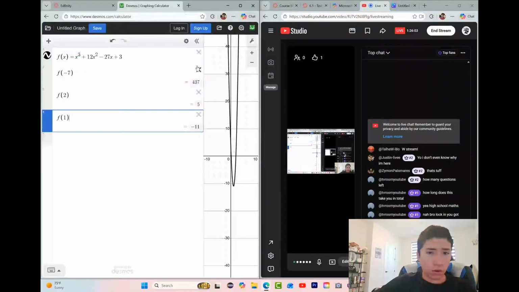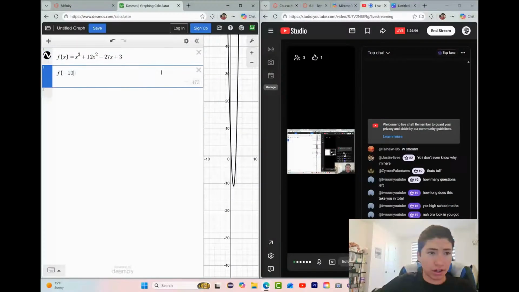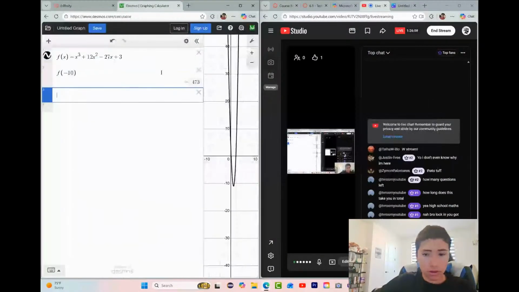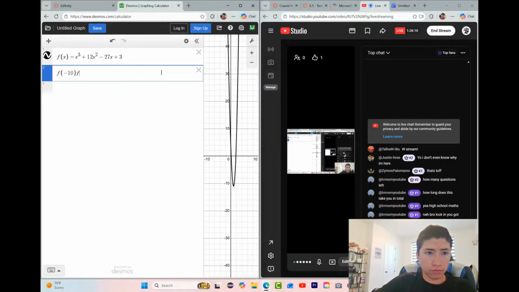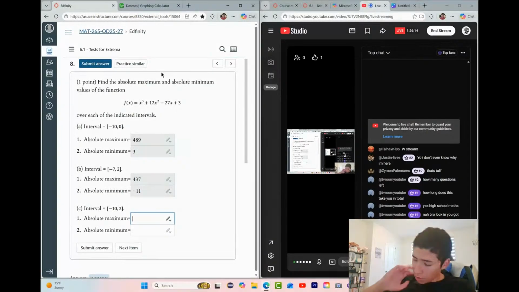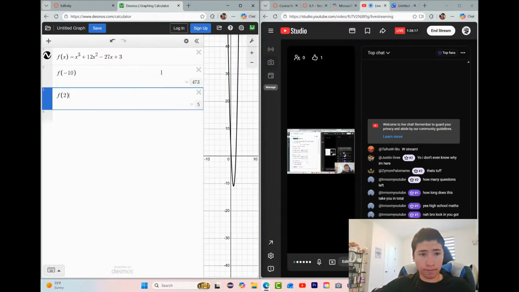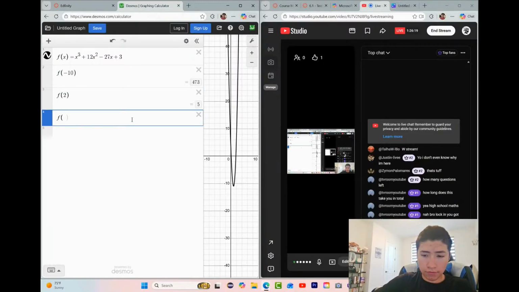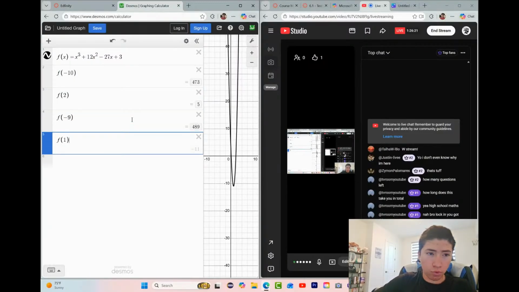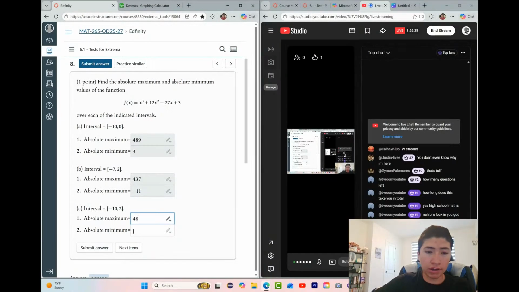Now, here we will check f of negative 10 again, I think. F of 2. Check negative 9 and 1. F of negative 9, f of 1. Beautiful. So 489 is the maximum, minimum negative 11.